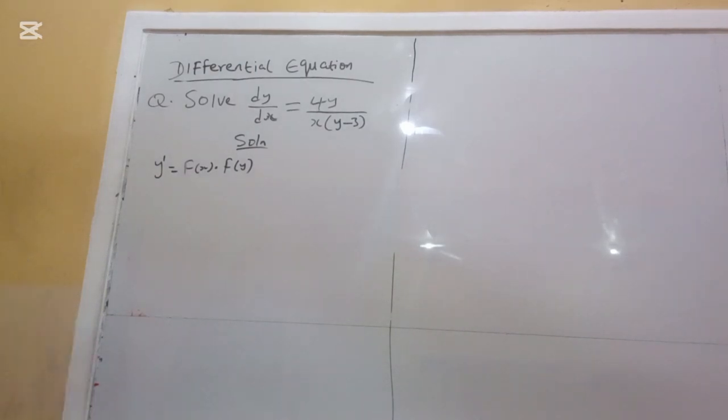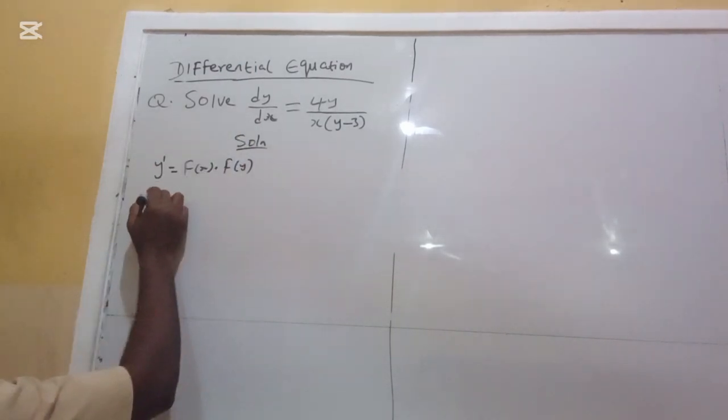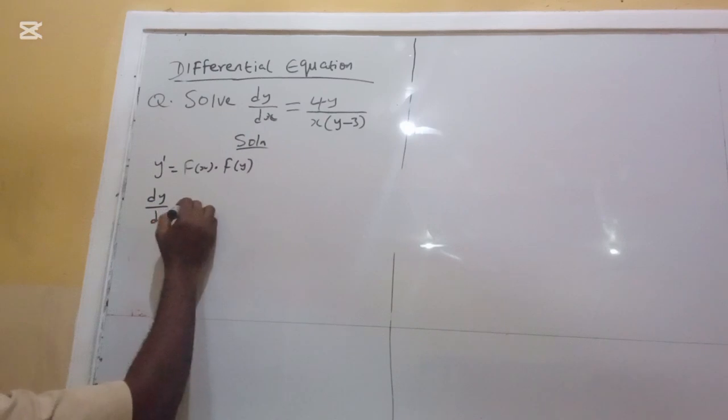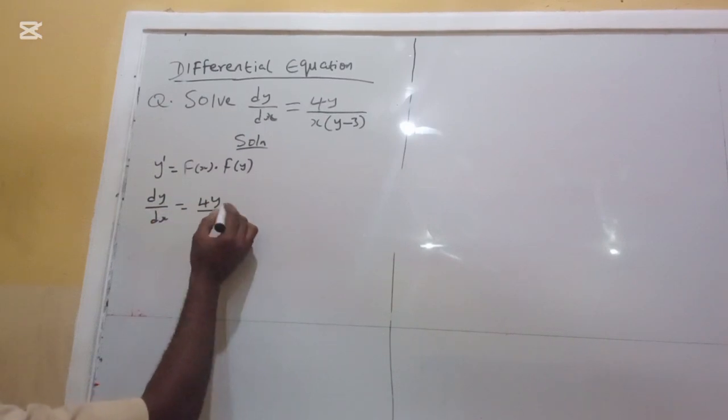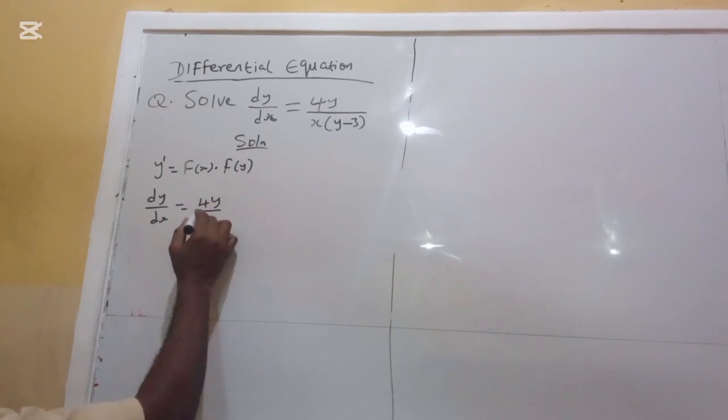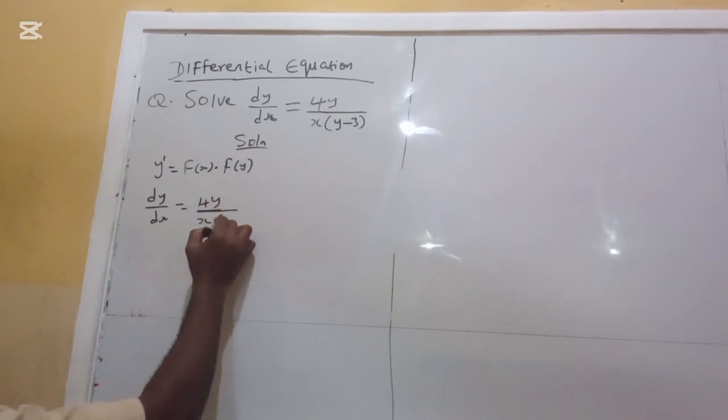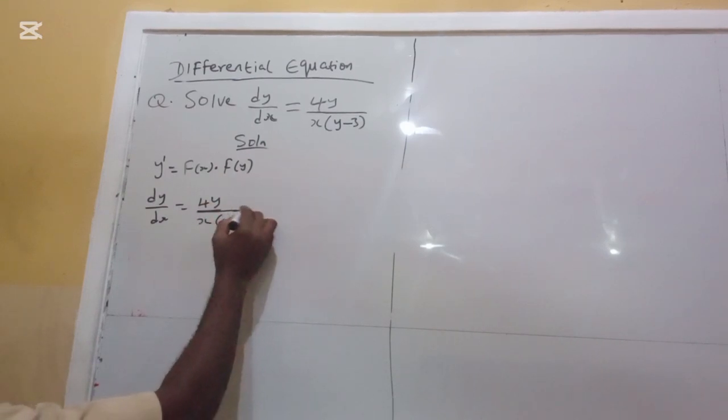So when we separate it, we can use direct integration. Now, we are given dy over dx equals 4y all over x multiplied by (y take away 3).